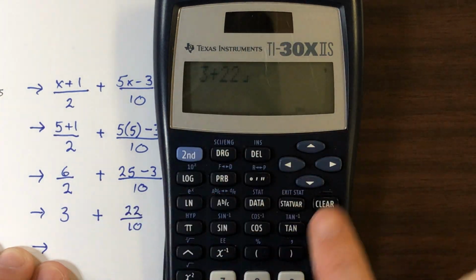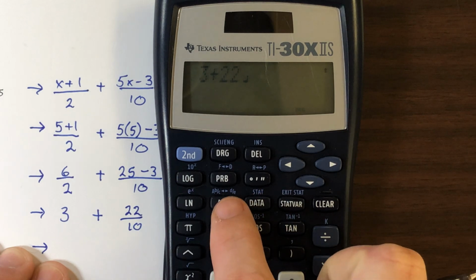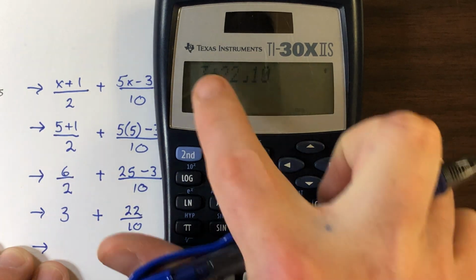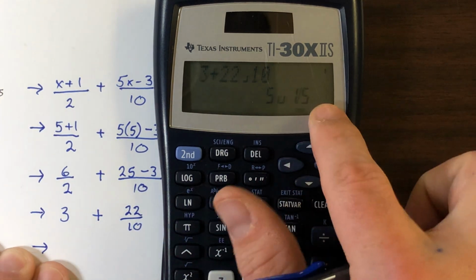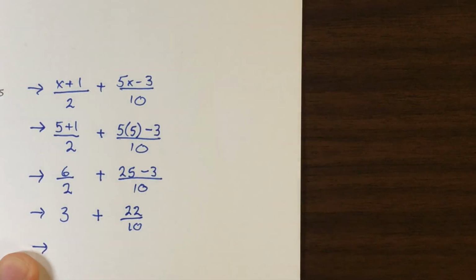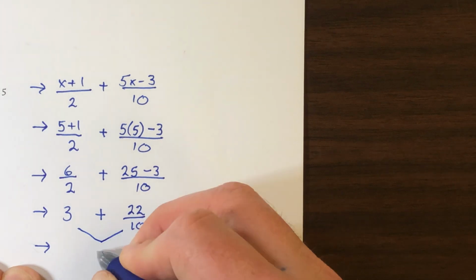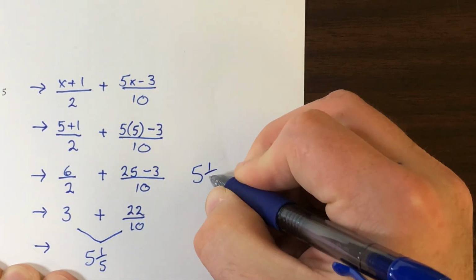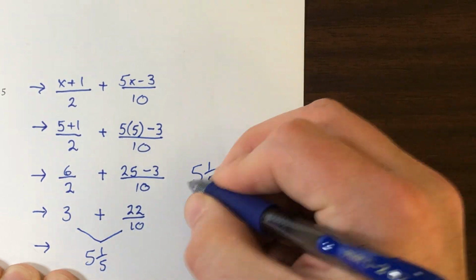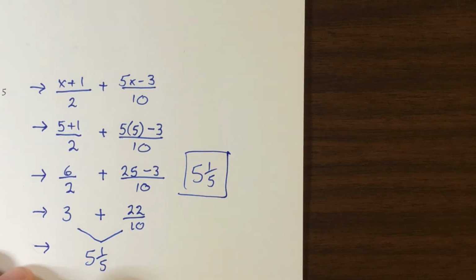And for this type of calculator, the ABC button is your fraction bar. So 3 plus 22 tenths, we get 5 and 1/5. So 5 and 1/5 is your answer, which is also the same as 5.2, which would also be acceptable.